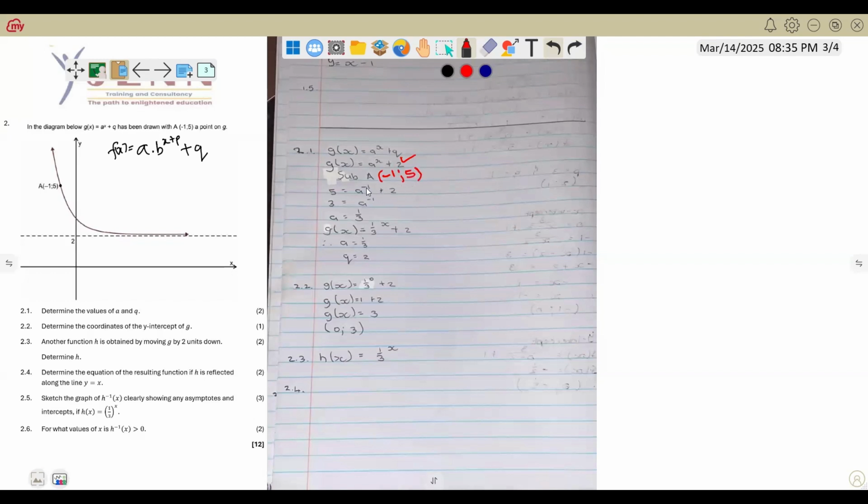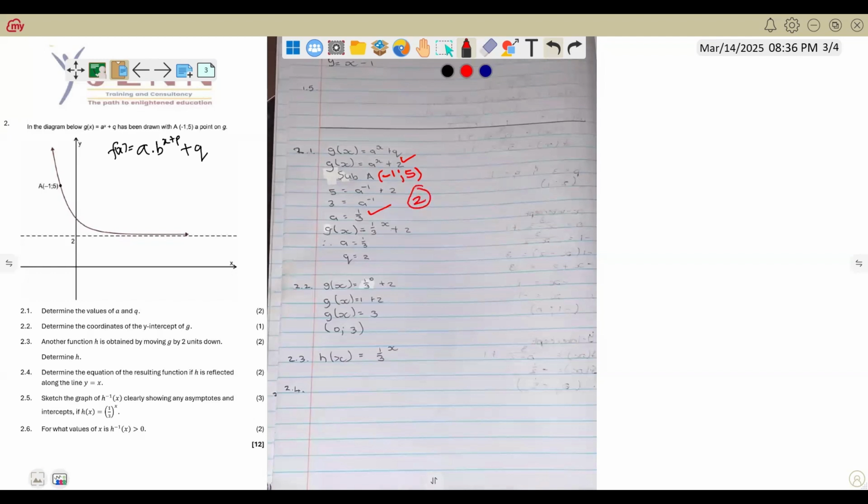Wherever there is x, we put -1, and wherever there is y, we put 5. Then you transpose the 2 to get 3. Conclusively, our a is equal to 1/3. Is that clear? Yes, sir.